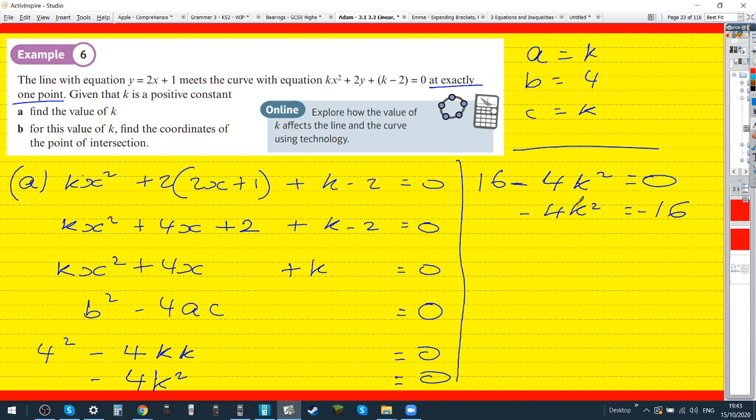This is times minus 4, so divide by minus 4. So it'd be k squared equals minus 16 divided by minus 4, which would be 4. And then you just square root both sides. So k equals 2.